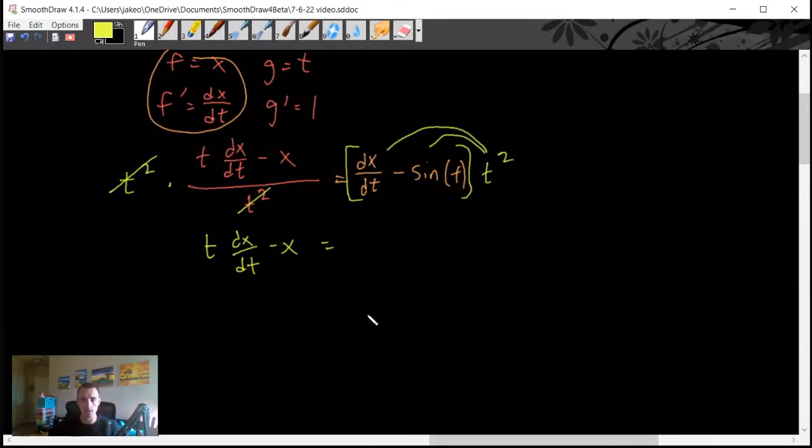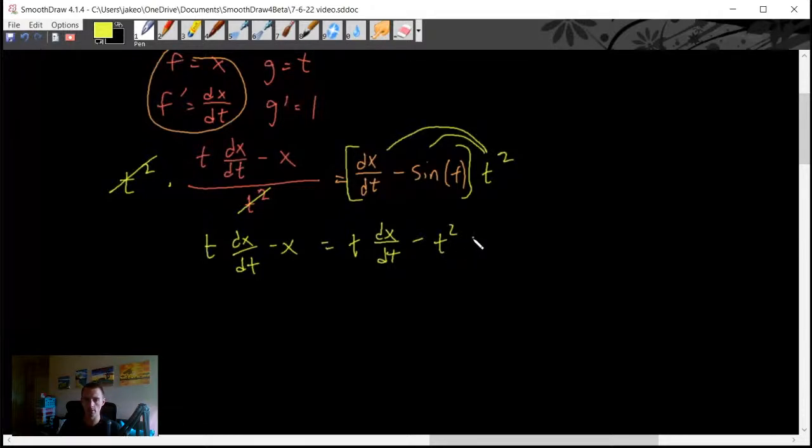Just get everything expanded out as much as possible, because that is going to put us in a situation where we can add or subtract the dx dt terms over to one side of the equation and the non-dx dt terms to the other side. So t squared times dx dt is going to be t squared dx dt, and then minus t squared times sine of t. Okay, so now this is fully expanded out.